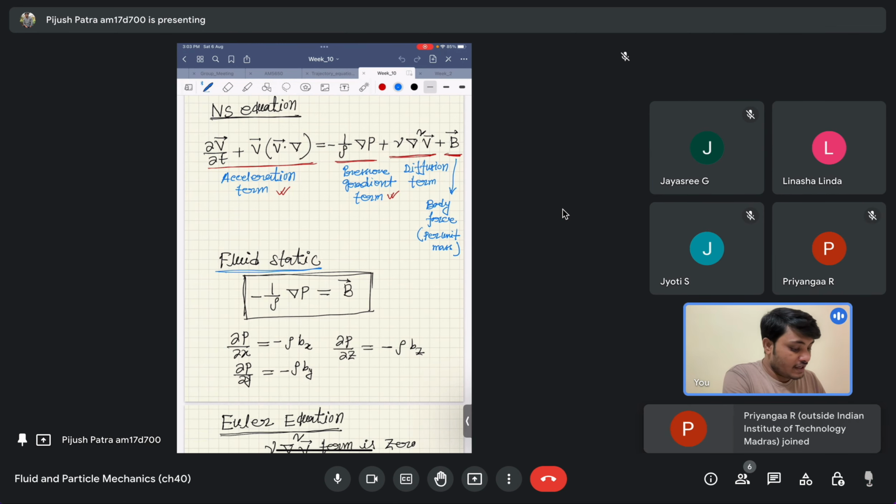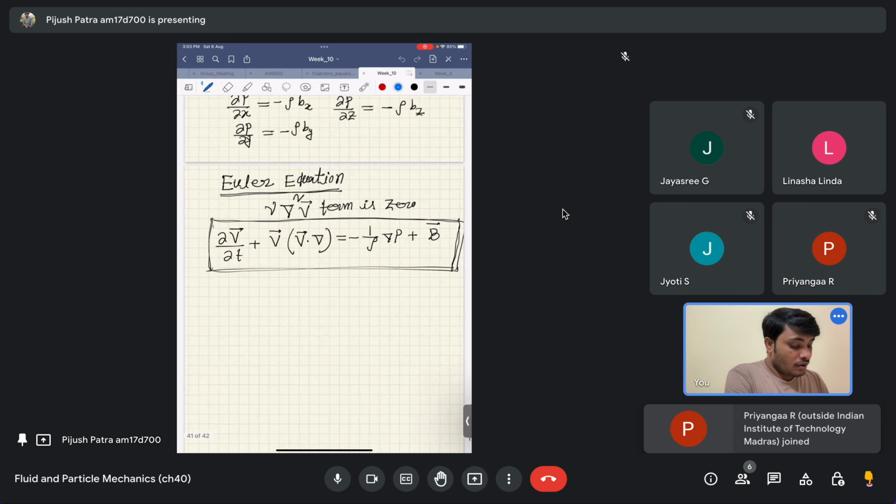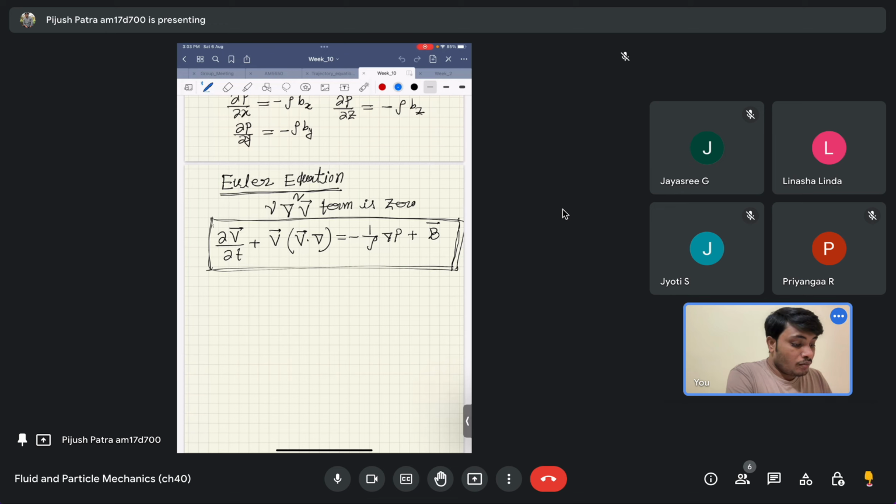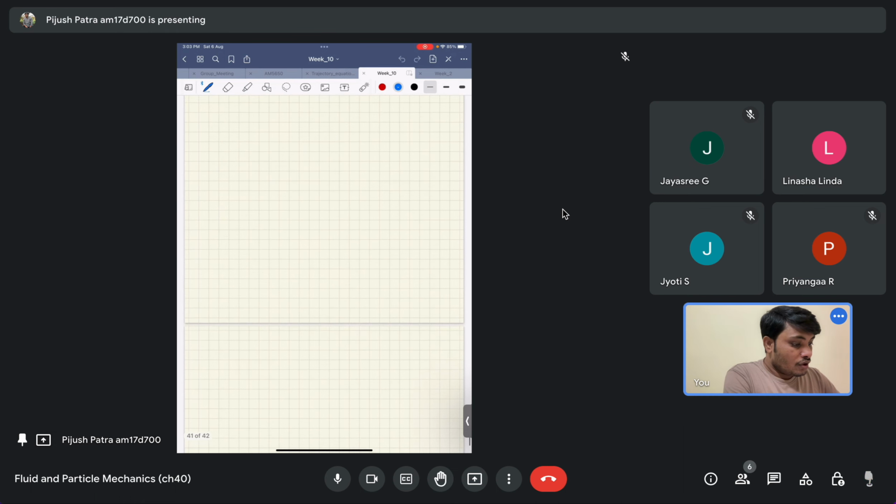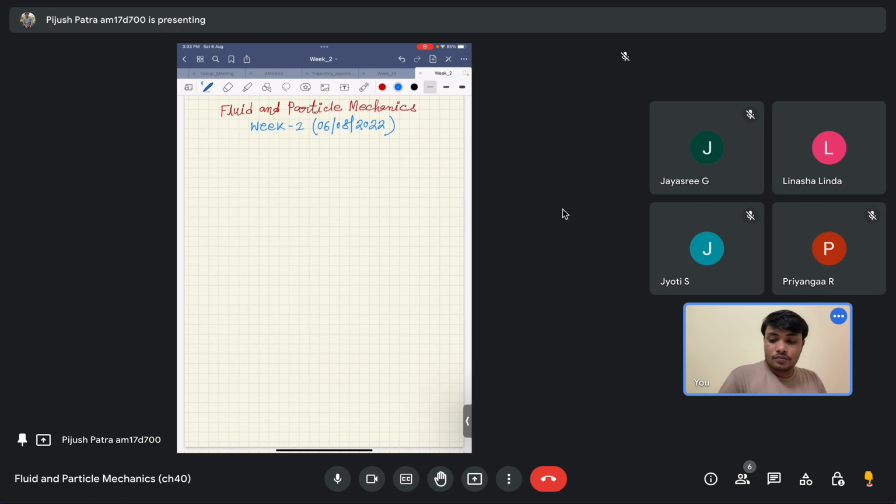And then we saw that when the viscous term is negligible, in that case the equation reduces to something known as the Euler's equation. Okay, so today we will do, again, Euler's equations only, but in a different form.